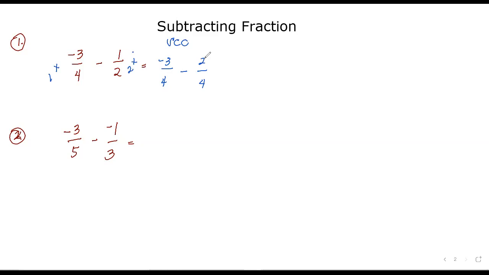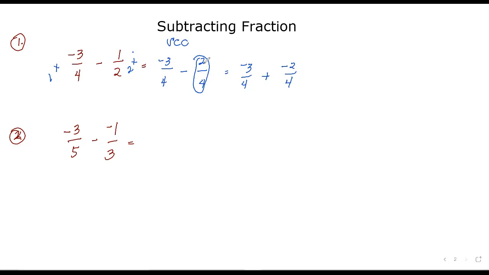Okay, again, SCC, let's change. Negative 3 over 4, same. Change the operation into addition, and then change the second given fraction to its opposite fraction, which is negative 2/4.